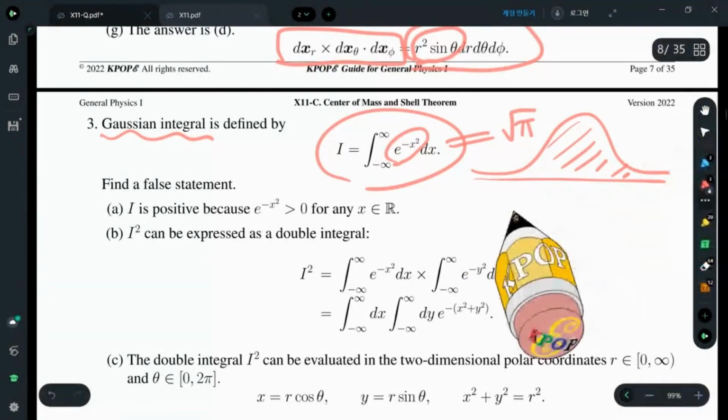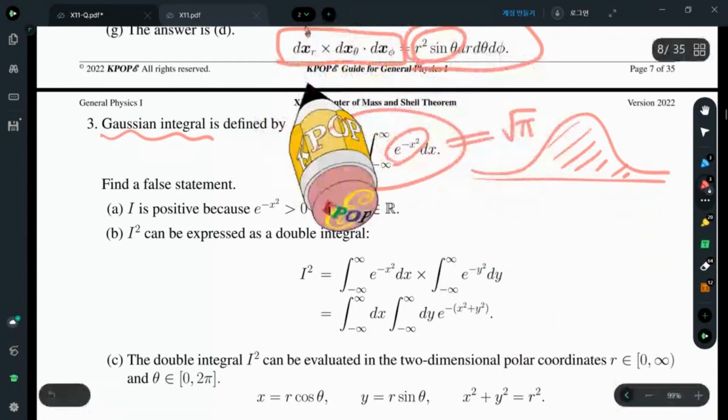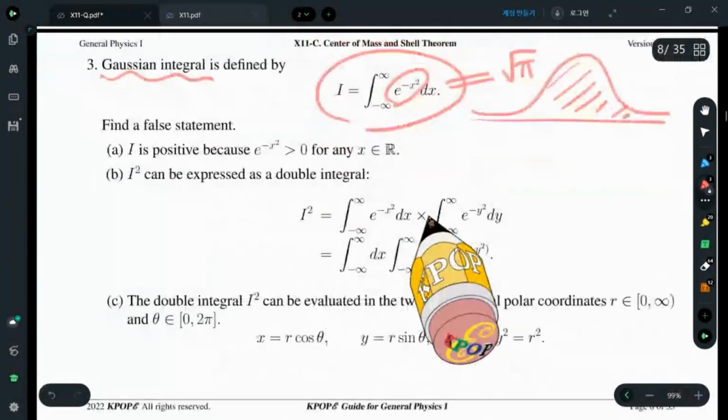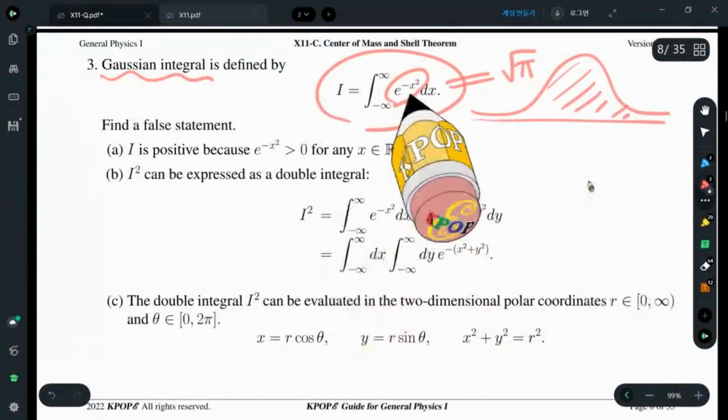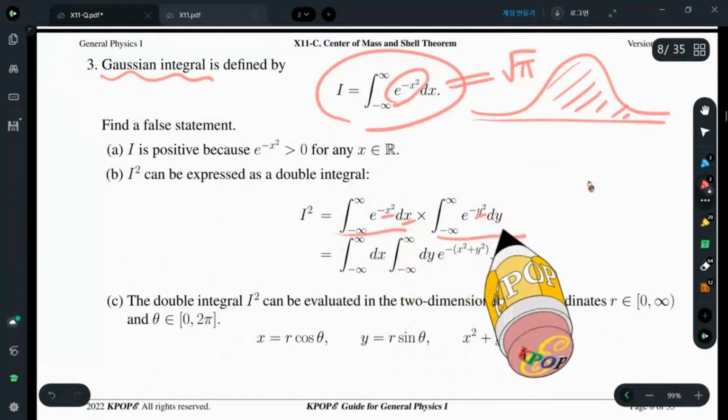But let me show you how to evaluate this one by making use of this kind of method we have mastered already. Why don't we multiply this integral twice with a different, independent variable?